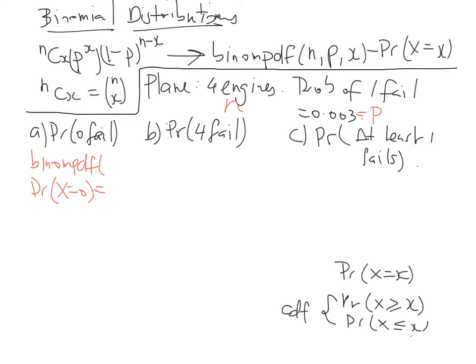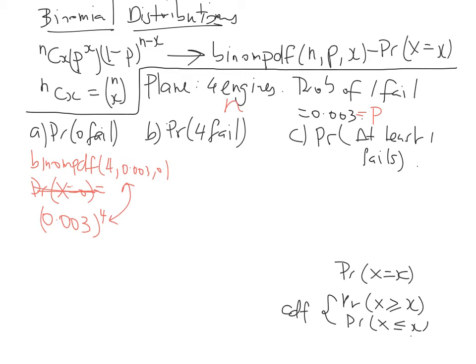So that ends up being n, which is 4, comma 0.003, comma 0. And what we end up with there, that'll give us our answer. Now, that will be exactly the same as 0.003 to the power of 4. These two end up being exactly the same.